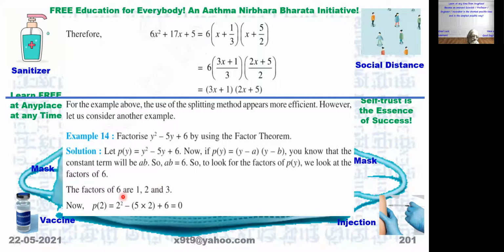So 6 and 9 will give 15, and this is minus 15, that is again 0. That means y is equal to 3 is also a zero of this polynomial, a root of the polynomial equation P(y) is equal to 0. That means y minus 3 is another factor. That means for y minus a and y minus b, we have found the values of a and b. So it becomes (y minus 2) into (y minus 3).